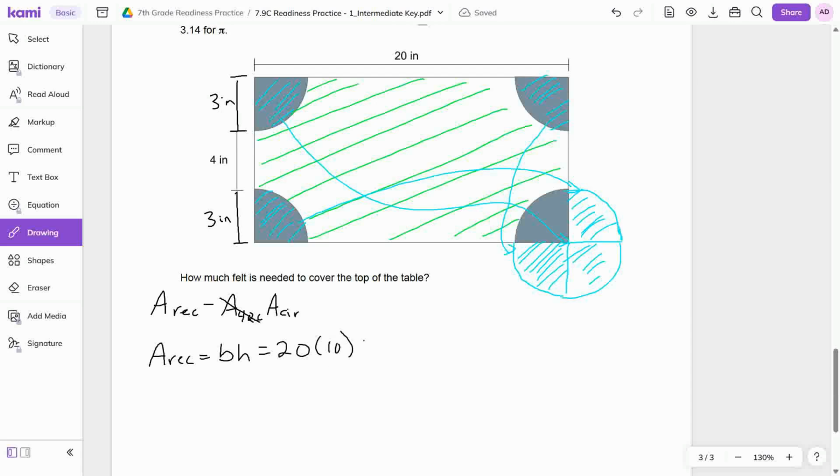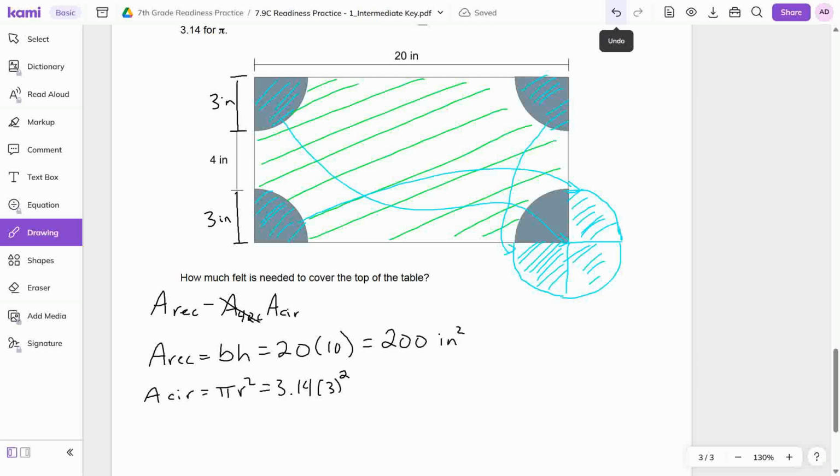But once we get that, that's pretty easy. 20 times 10 is going to be 200 square inches. Now I need my area of a circle, because remember the 4 quarter circles makes an entire circle. So that is pi, let's use 3.14, times radius squared. So 3.14, my radius was 3.